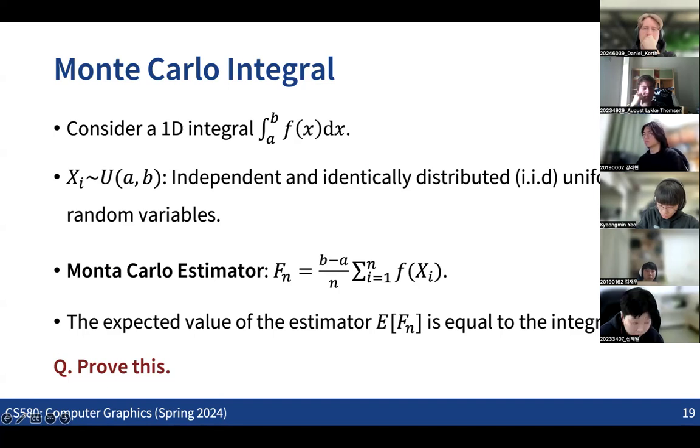As you can see, this becomes an approximation of the 1D integral. We can also see why this is a good estimate of the integral. One of the reasons is that if we take the expected value of the estimator, then we can easily see that the expected value of this estimator becomes the same as the integral.